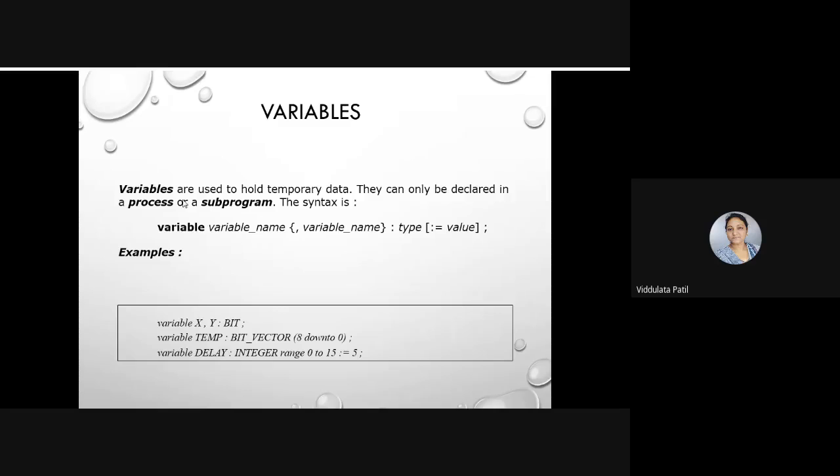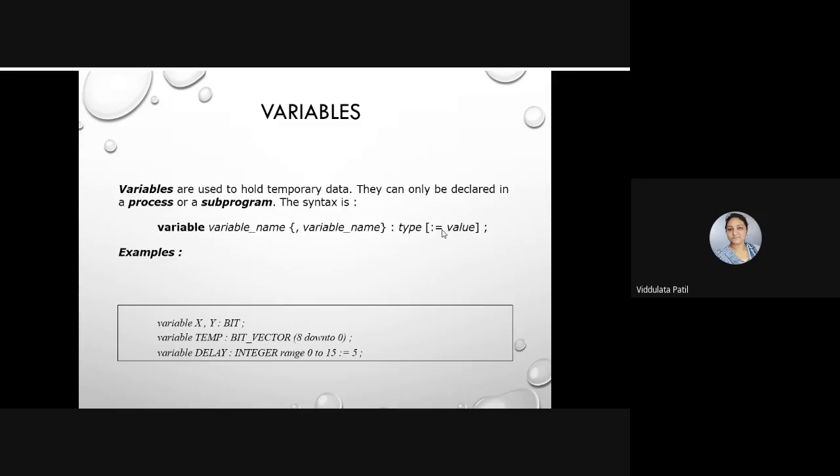Okay, so here this is the variable keyword that is used, then the variable name. If there are a number of variables, then they can be separated with a comma, if they are of the same type. So variable, then colon, then the type of that variable, and then the value of that. Now the value is assigned with the operator, that is colon equal to.